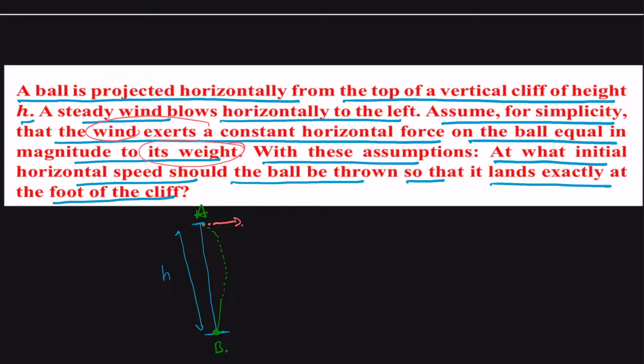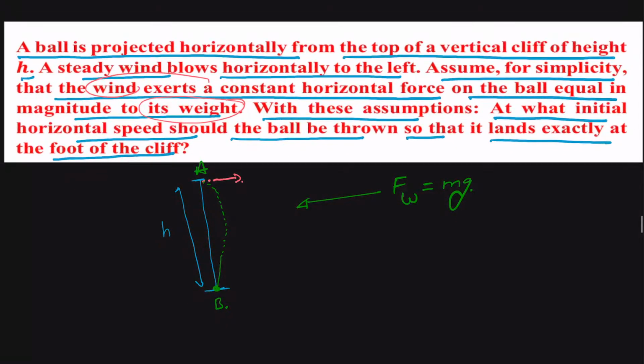So the wind, let us suppose, will be obviously towards our left, traveling towards the ball, and let us suppose it exerts a force Fw that will be equal to the magnitude of the weight, that is mg. So if we look closely, this will be the direction of our acceleration, and we can divide this acceleration into two components.